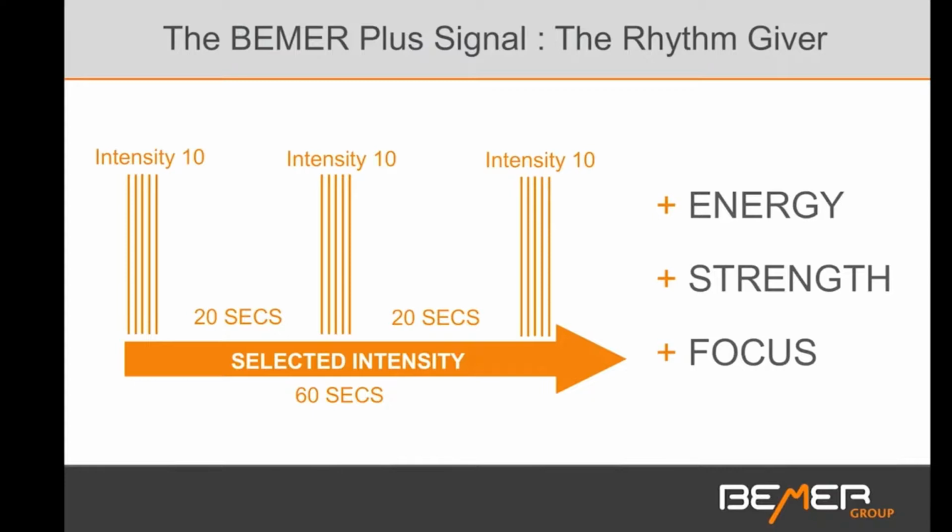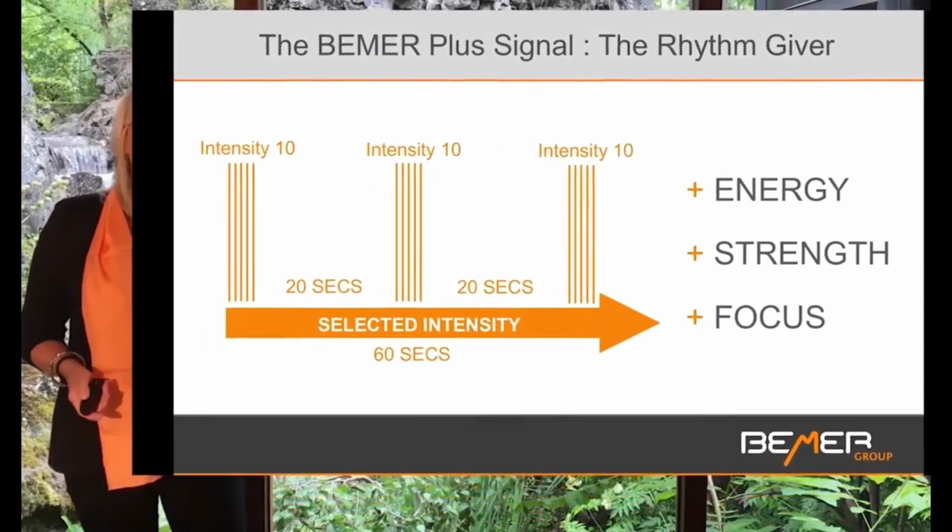Every 20 seconds, we're just increasing this volume to the highest possible volume, and then it automatically turns down. It's just a fraction of a second that it happens. So we call this the rhythm giver because there's a natural rhythm in our body that the BEMER supports in this way with this plus signal.